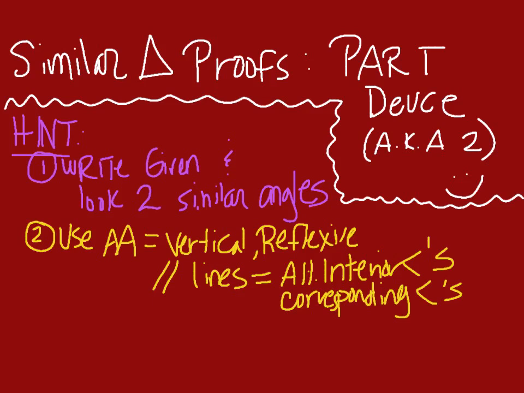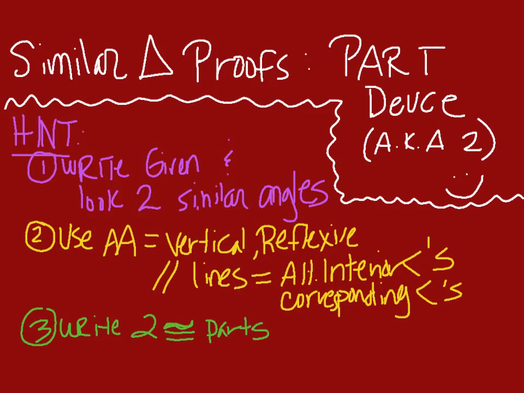So look for those, and once you find 2 pairs, that's all you need, 2 pairs, you're going to write the 2 congruent parts. After you do that, you're going to write the 2 similar parts like we did before.